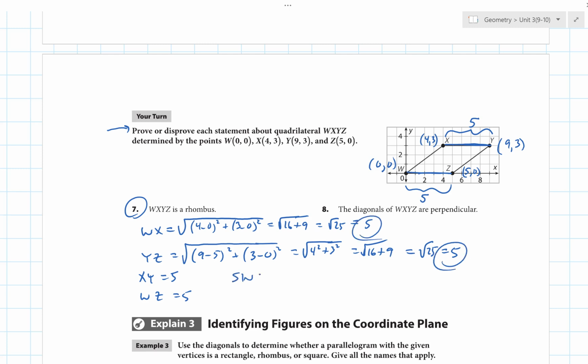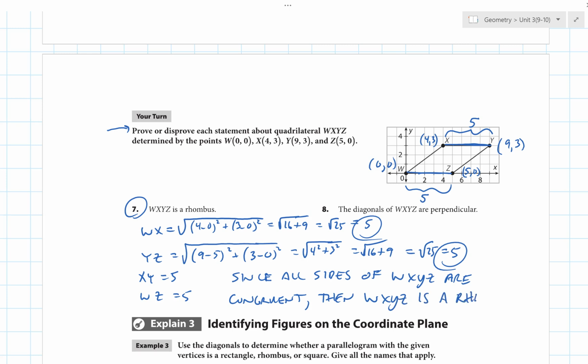So since all sides of WXYZ are congruent, since they have the same length, then WXYZ is a rhombus.